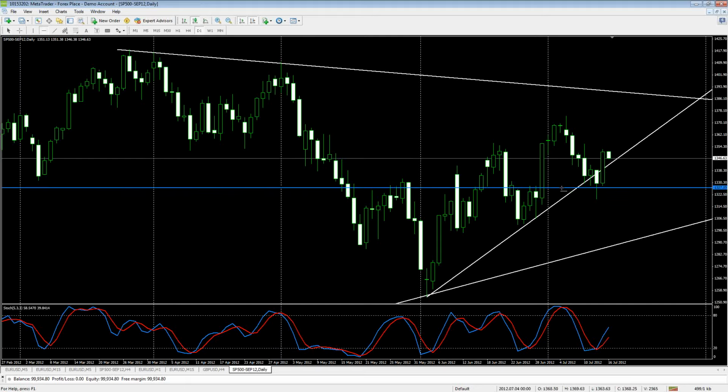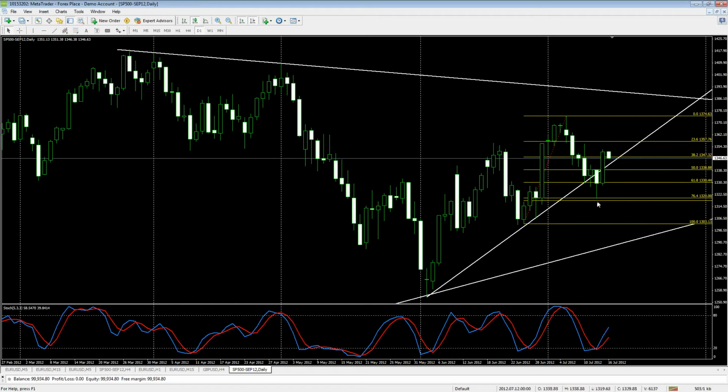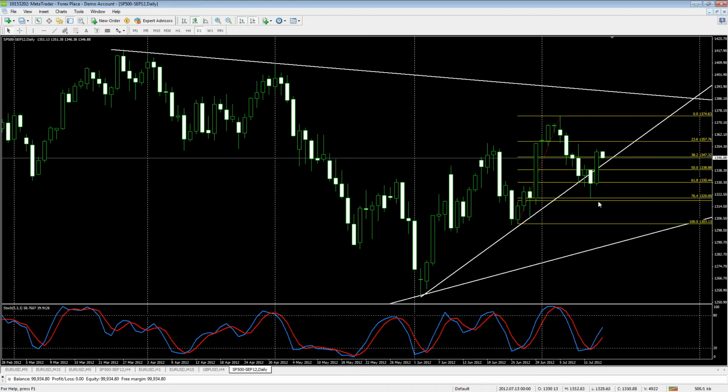And you can see here, first of all, we have this support level around here. And one more thing I noticed on Friday was that it was supported exactly on the 76.4 Fibonacci level. I mentioned it last week. I told you it's a very strong support or resistance area.